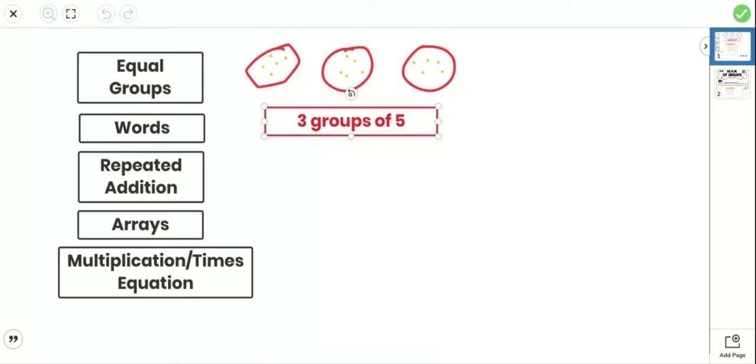I could use repeated addition. 5 plus 5 plus 5 equals 15.